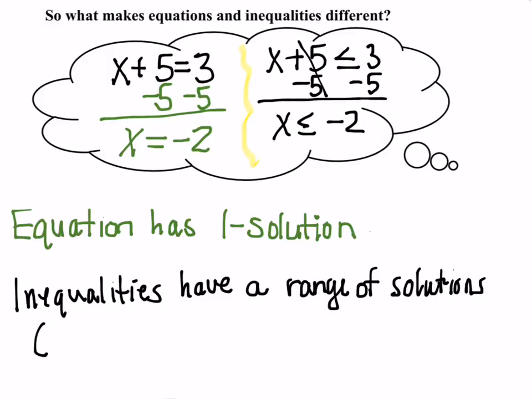And this is known as a solution set. So if you're less than or equal to negative 2, that means you could be a negative 3, a negative 10, a negative 2.25, anything that's smaller than negative 2.